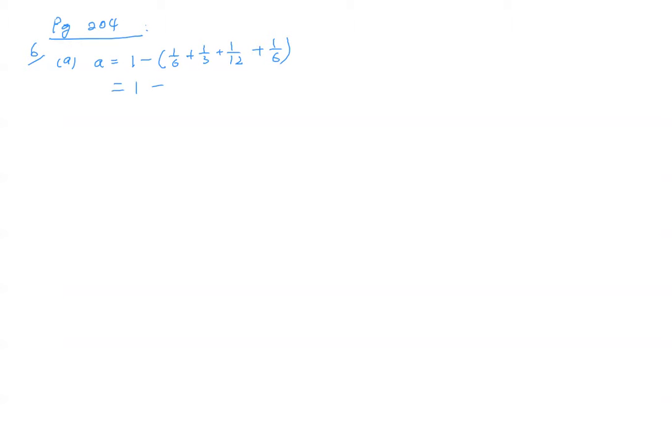That is 4, 8, 9 over 12, so 3 over 12, the answer is 1 over 4. Is it 1 over 4? Okay, part A done.